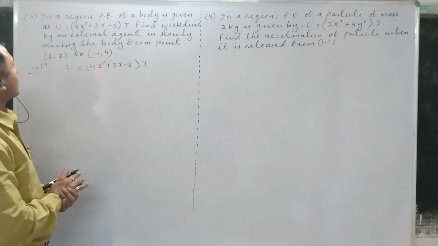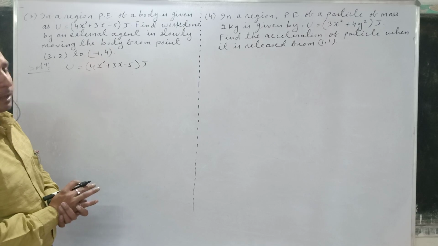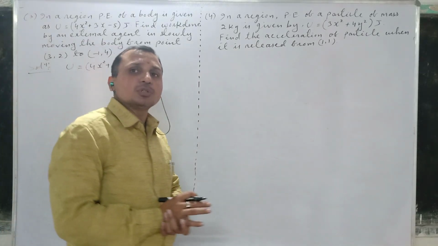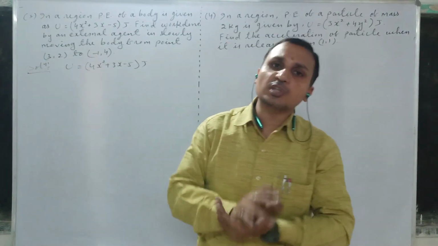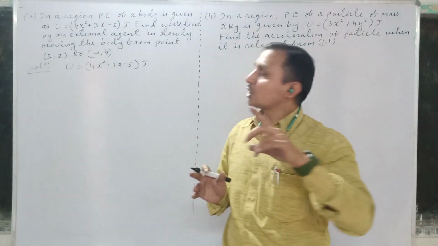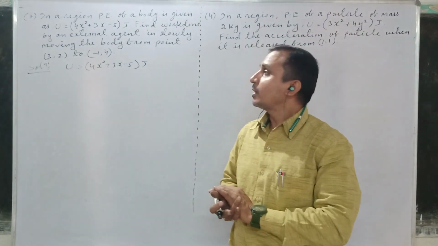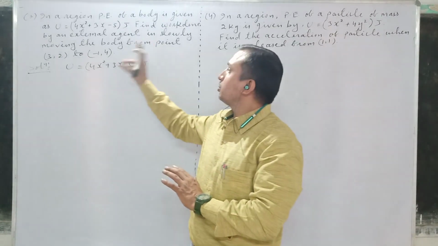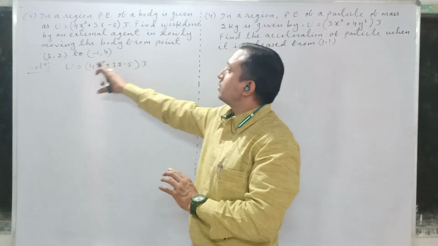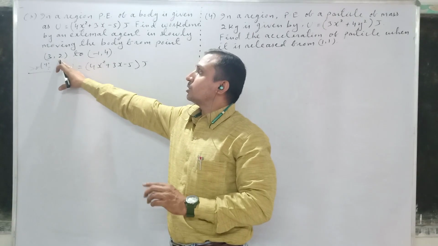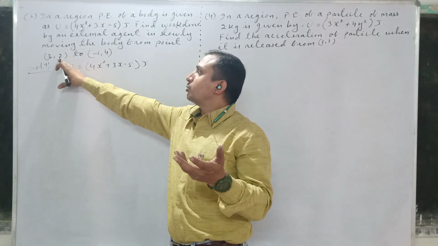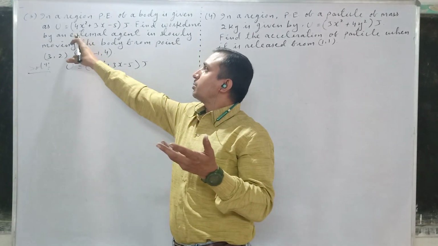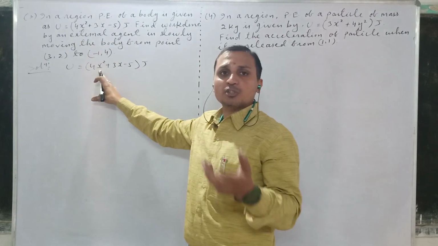Before going to the work done by the external agent, we know the relationship between the conservative force and the potential energy, that is F is equal to minus gradient of U. But here we don't require the force, because directly we can find the work done to move the body from one point to another point, and the potential energy is given in terms of x only.